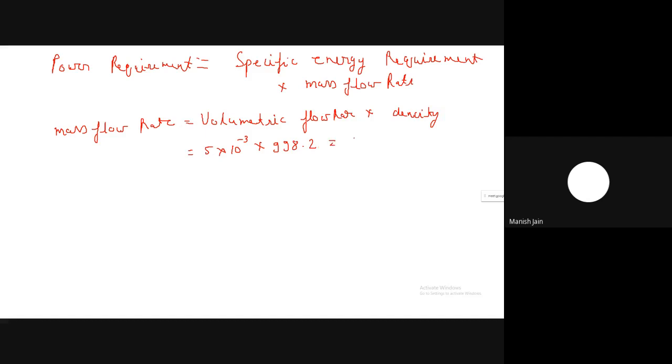So once you solve this, it will come to 4.991 kg per second. This is the mass flow rate. So you can take the mass flow rate and calculate the power requirement.